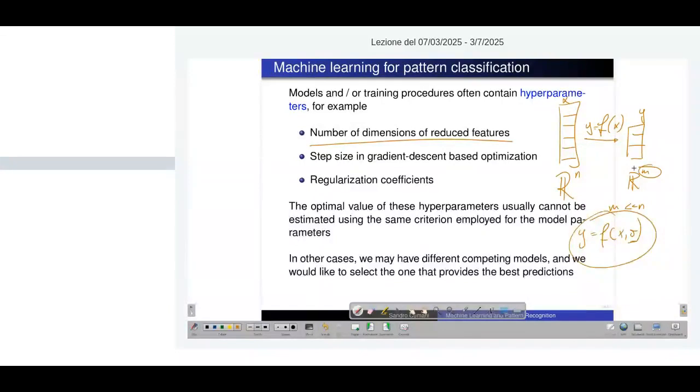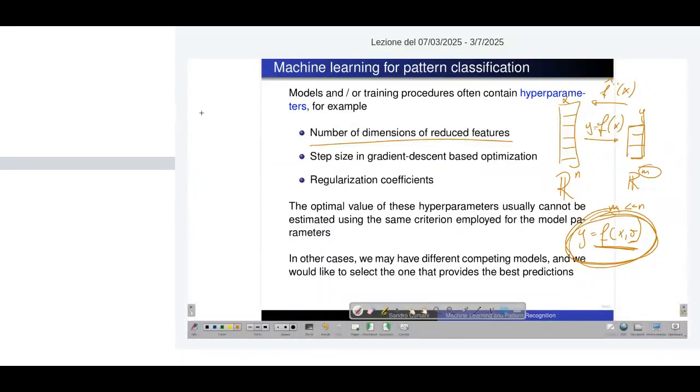Now, we will see that one of the methods that we will use to estimate the function is that we will actually estimate two mappings, forward and reverse, and we will try to estimate jointly these two mappings in a way that allows us to minimize the error that we make due to the reduction.